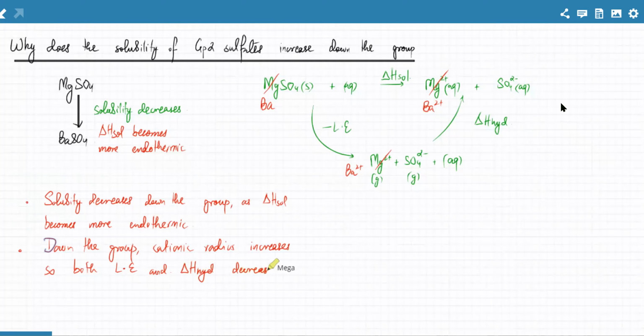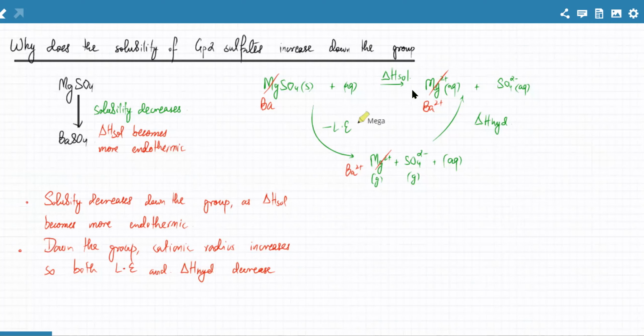Yes. So both decrease. But I told you that enthalpy of solution is becoming more and more endothermic. Now, the first term is endo, you're breaking the lattice, and the second term is exo, because you're forming bonds. If down the group enthalpy of solution is becoming more endo, then relatively the endo term is going to be bigger than the exo term. Is that clear? Yes, sir.